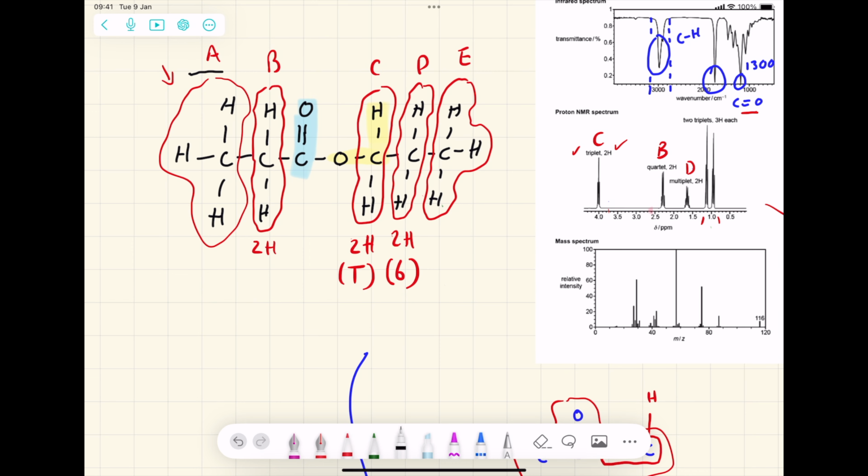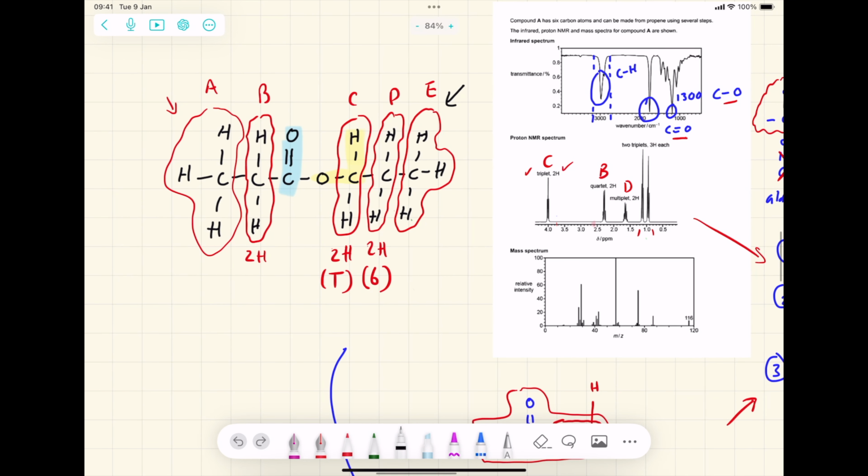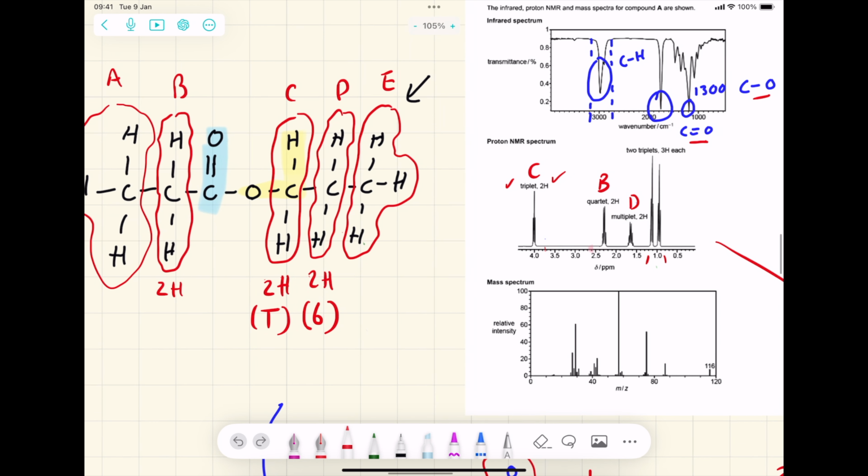Whereas environment E is a lot further away from the C double bond O, C single bond O, because there's a CH2 there and another one there. So therefore, I can make an educated guess and say that environment A is the more electronegative environment compared to environment E. So therefore, A will be this one and E will be this one.